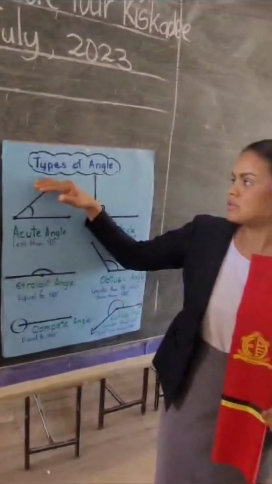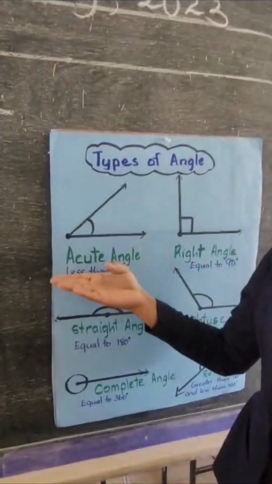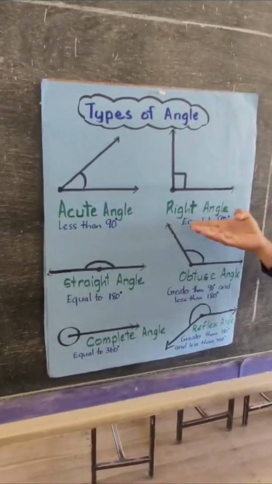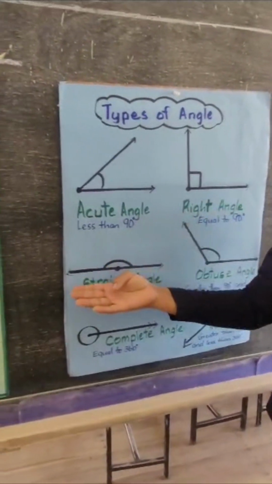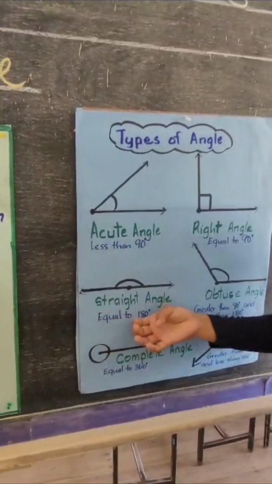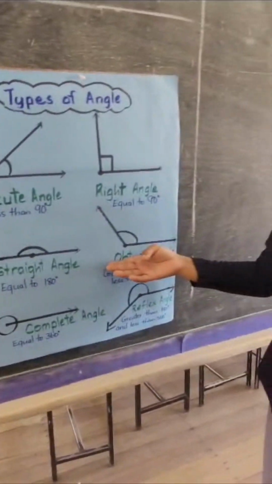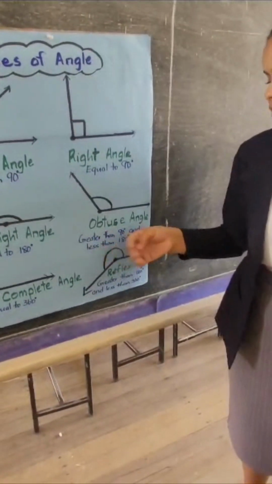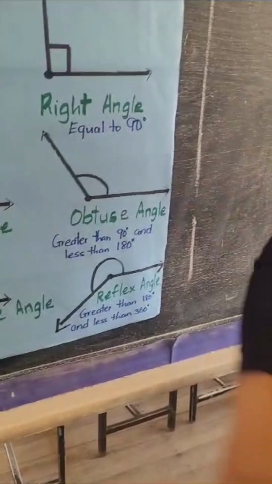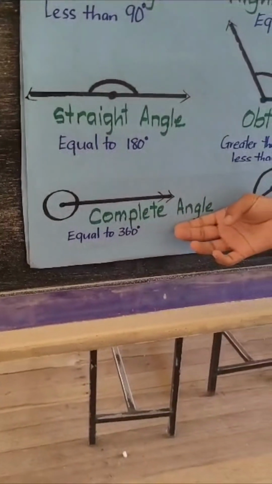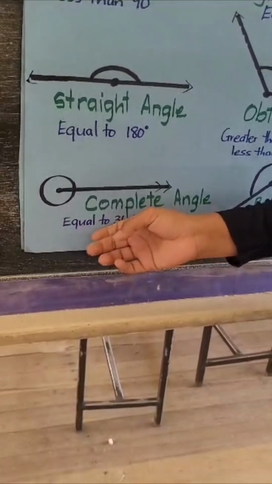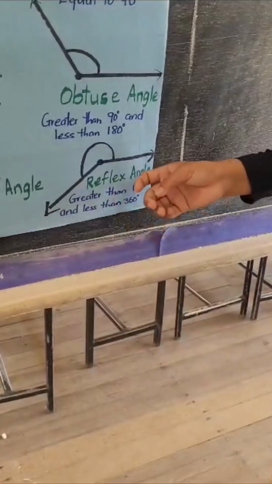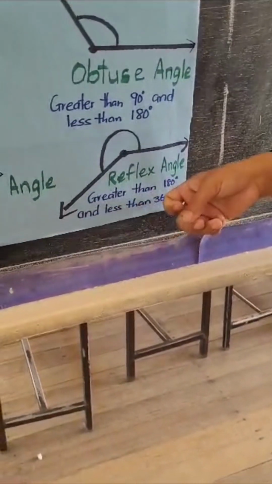Some types of angles are acute angles, less than 90 degrees; right angle, equal to 90 degrees; straight angle, equal to 180 degrees; obtuse angle, greater than 90 and less than 180. Very good. And the complete angle, equal to 360 degrees. Also we have the reflex angle, greater than 180 and less than 360.